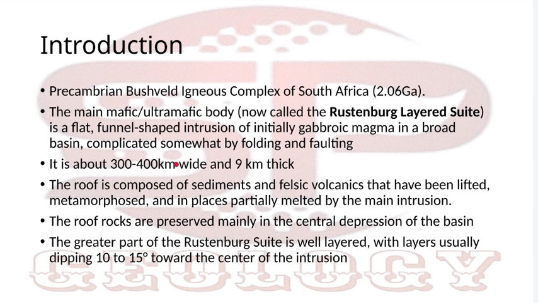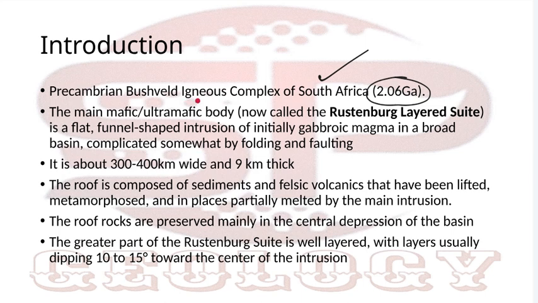So basically, the Bushveld igneous complex is 2.06 billion years old and the largest igneous complex in the world. It is present in South Africa. The majority of the Bushveld complex is eroded and deformed.